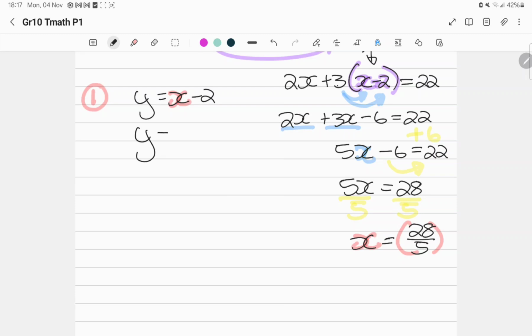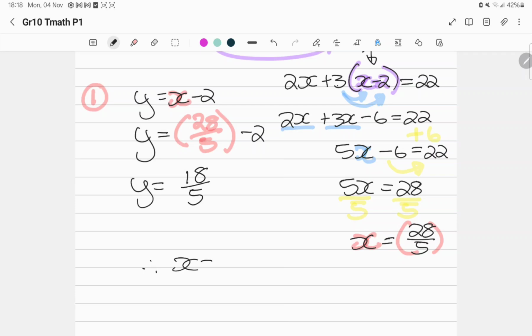I'm going to say y is equal to bracket 28 over 5 minus 2. I put that into my calculator and I get 18 over 5. So x is equal to 28 over 5, and y is equal to 18 over 5.